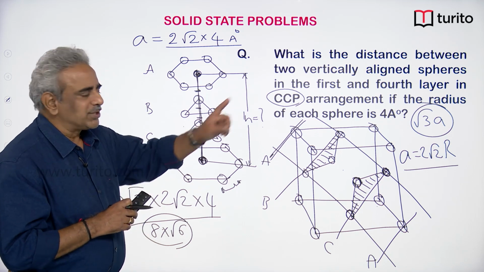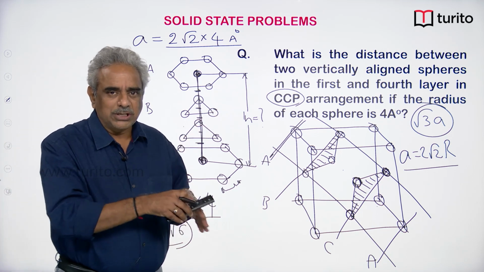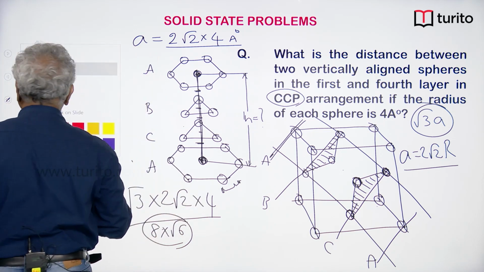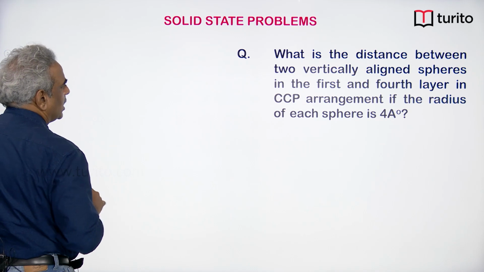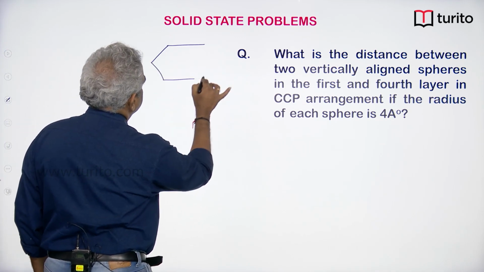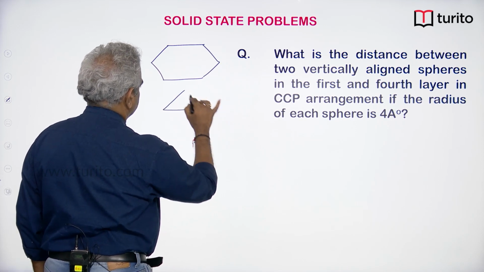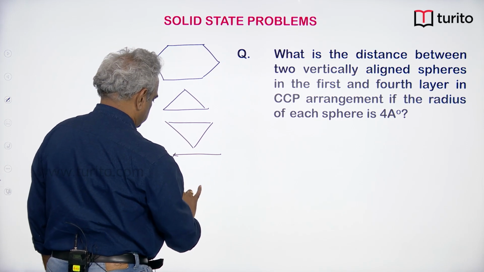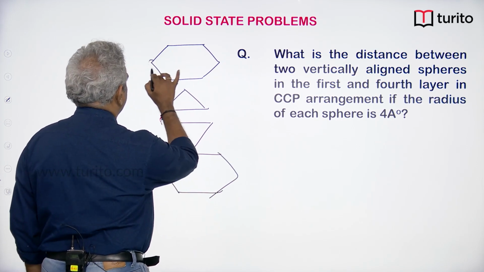Actually, I would like to extend this question right now on the spot. Suppose I have got the ABC arrangement like this. This is the CCP unit arrangement.